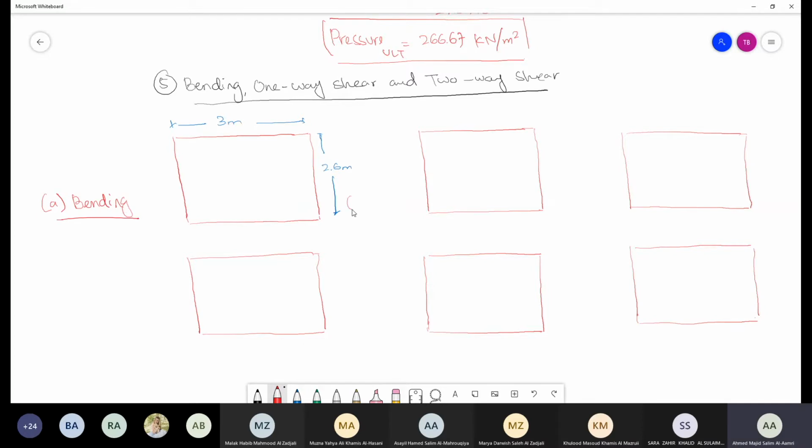The second two, I'm going to use them for one-way shear. And then the last two, I'm going to use them for two-way shear. And we have our column here, which is 0.4 by 0.4 for all the scenarios.